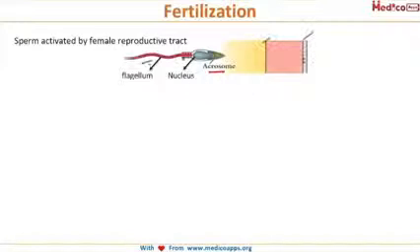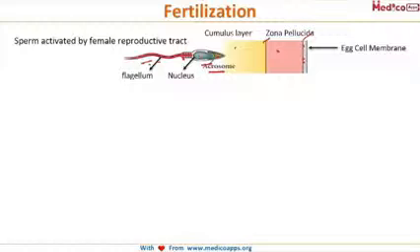And this entire process can be seen beautifully depicted in this diagram. Here we can see a mature sperm with a nucleus, a middle piece and a tail and an acrosomal gap. And this diagram depicts the cell membranes of the oocyte, namely the egg cell membrane or the vitelline membrane, the mucoprotein layer that is the zona pellucida and the outer layer that is the cumulus layer or you can say corona radiata.